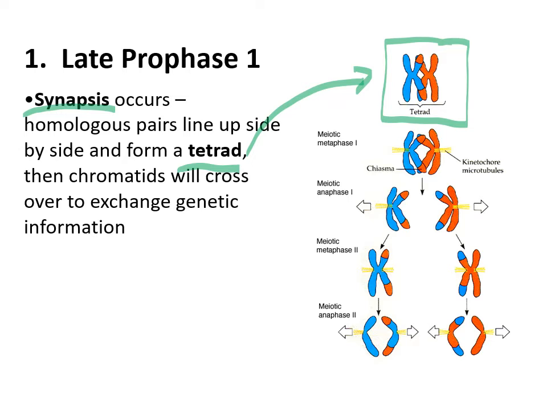So they will switch pieces with each other, and in the end what can happen is that this chromosome that used to be made fully of genes from your father, and this chromosome that used to be made fully of genes from your mother, they've switched parts now. Not all the parts, but just certain ones of the parts. So essentially they're not purely from your father anymore.